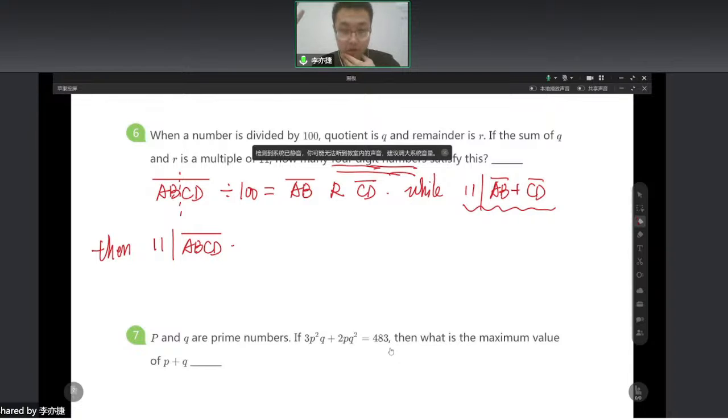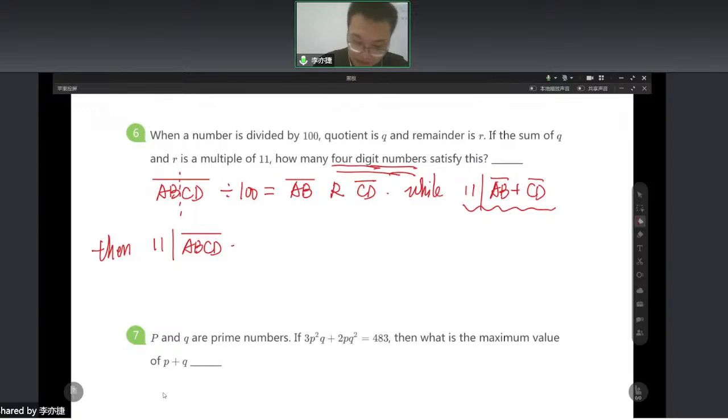However, I don't know the actual question, but if the question says there is a remainder, the remainder must not be 0. Or maybe it might not be 0, because I don't see the real question. Did the question say that this cannot be 0? I don't know, maybe yes or maybe not.